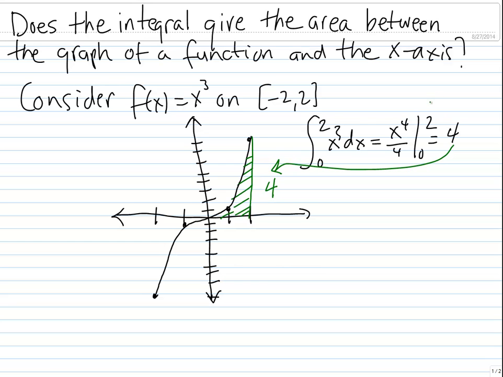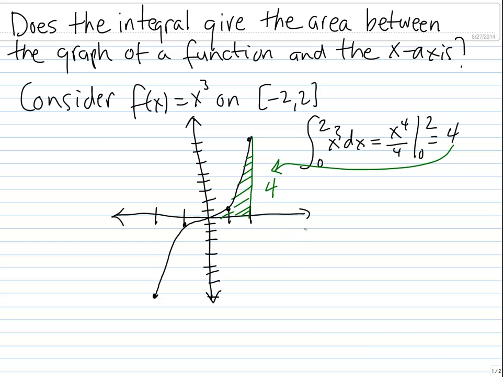So in this case, the integral does give the area between the graph of the function f of x equals x cubed and the x-axis, because the green area is 4. That's also the value that we get when we do the Riemann integral.